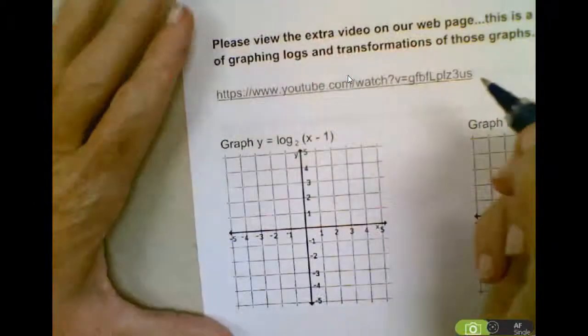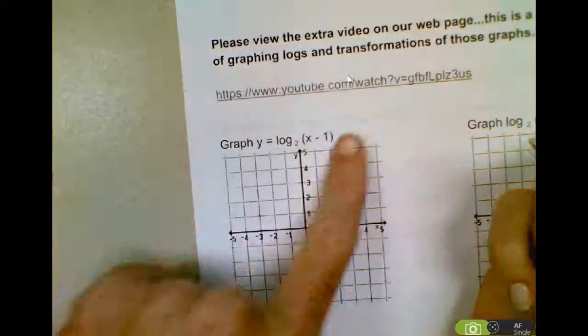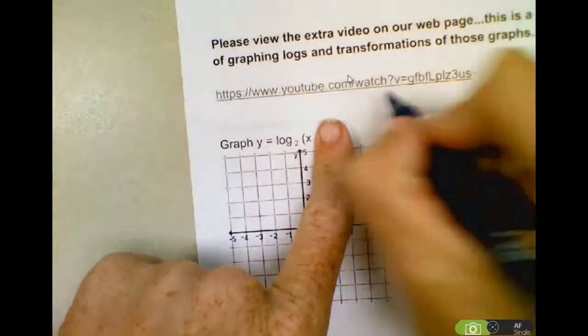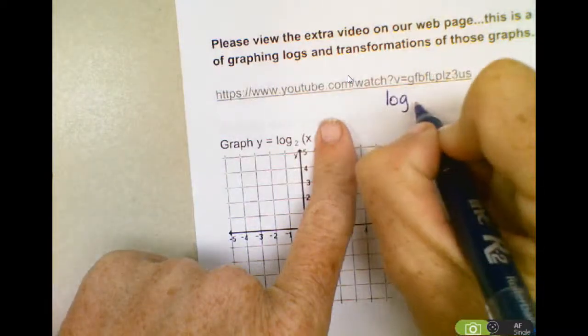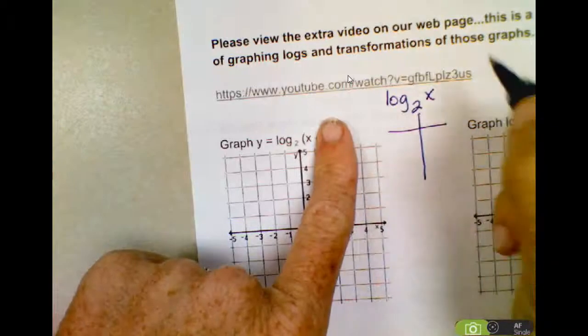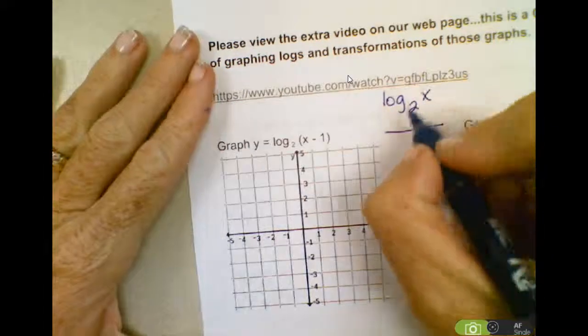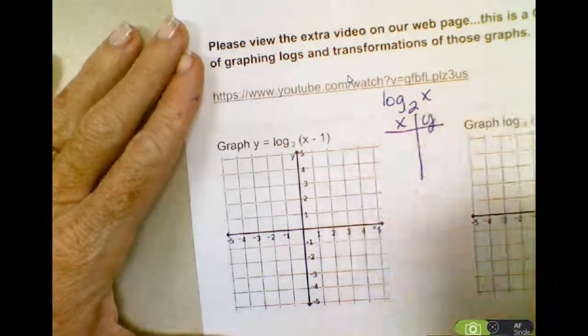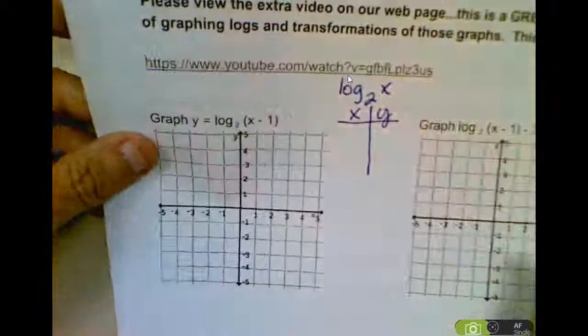Okay? So if we take our first that we had, so our graph for log of 2x looked like x and y. And let's go back and see what we had for log of 2x.